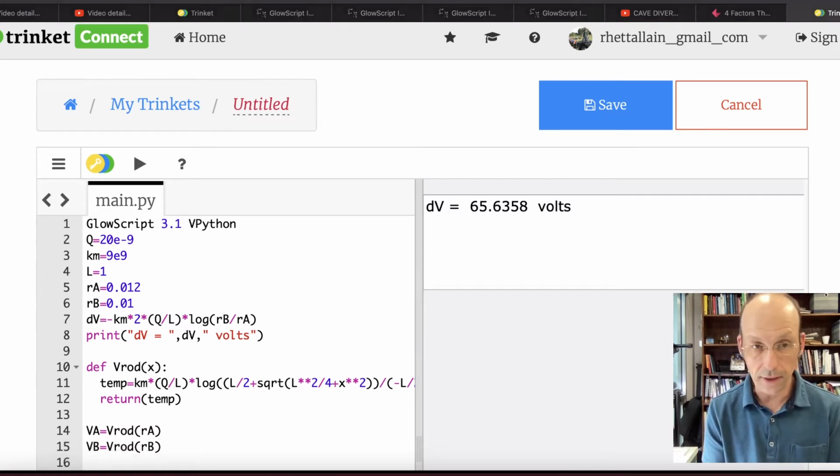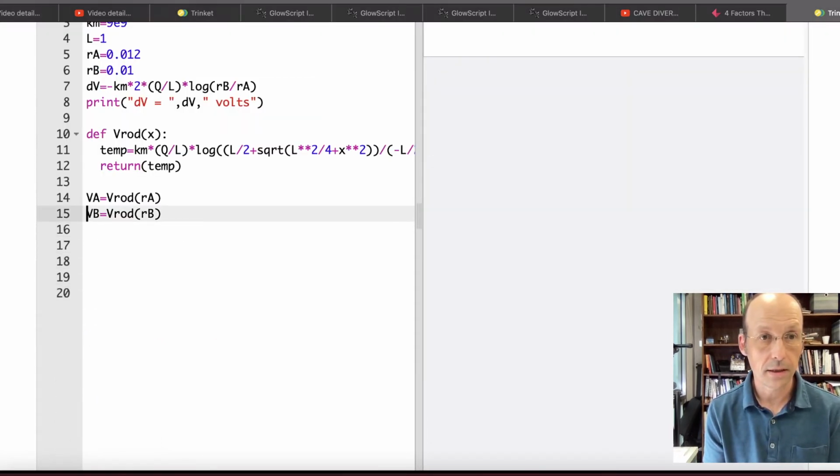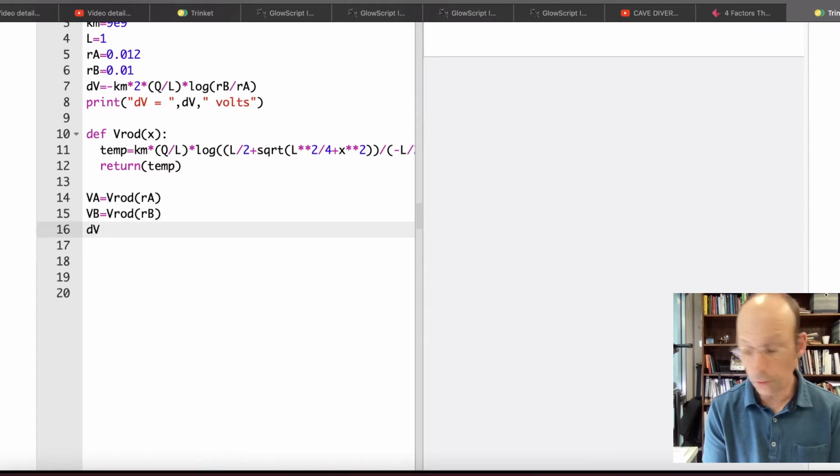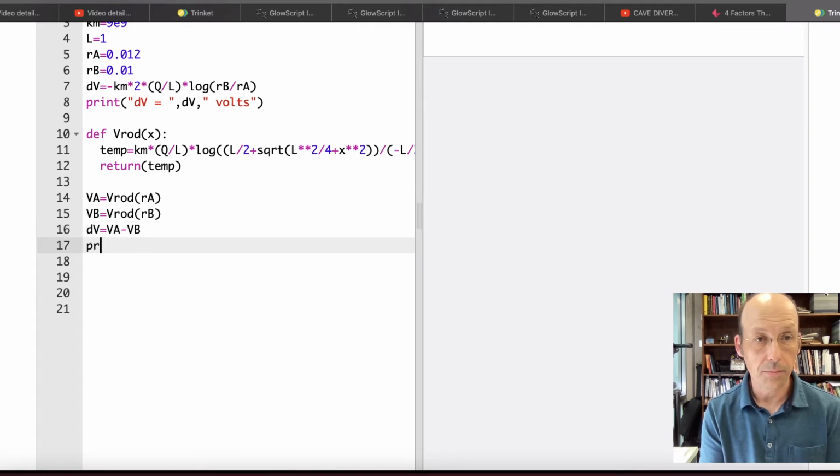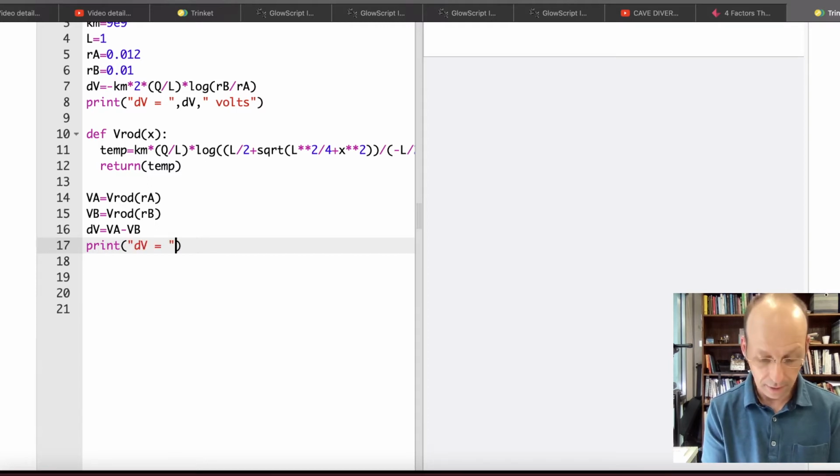And then DV, I'm going from A to B, is going to be VA minus VB, and print that. Print DV, I'm afraid this isn't going to work. DV volts. Here we go.